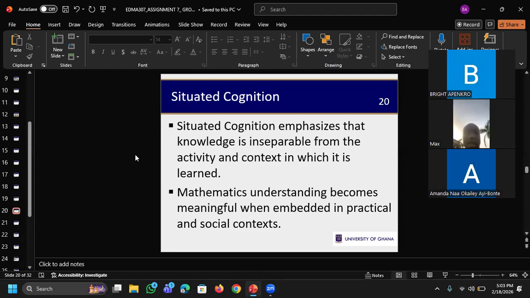Using mathematics in our daily lives, in our social contexts, that makes mathematics meaningful. Next.